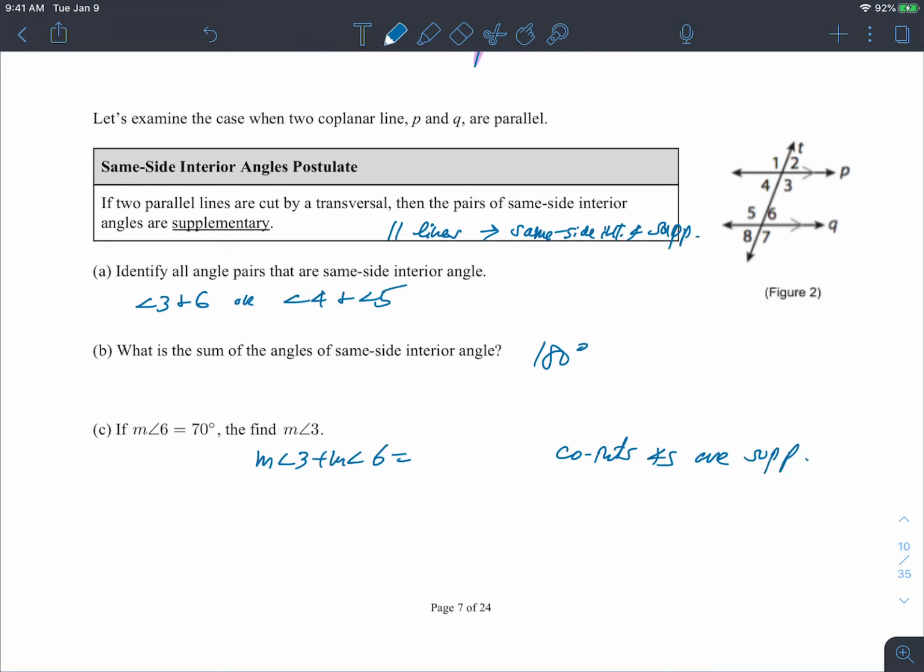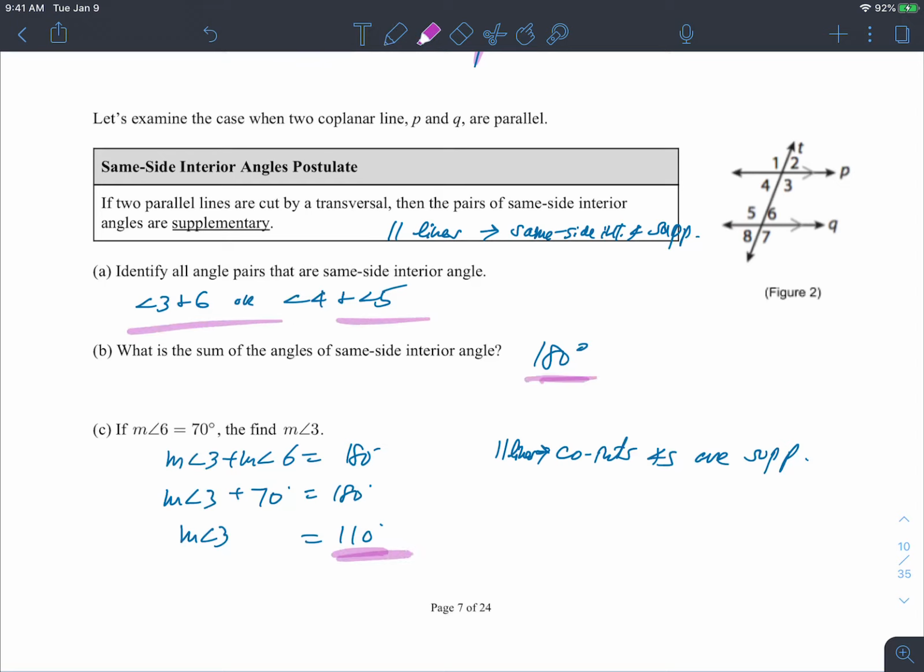Supplementary, because we got parallel lines, right? I just wrote it over again. So that's the theorem, right? And the postulate, and that's 180. And then we know that angle 6 is 70. That's a substitution, right? Subtract 70 from both sides. That is 110. So that is the step that I was looking for you to show me.